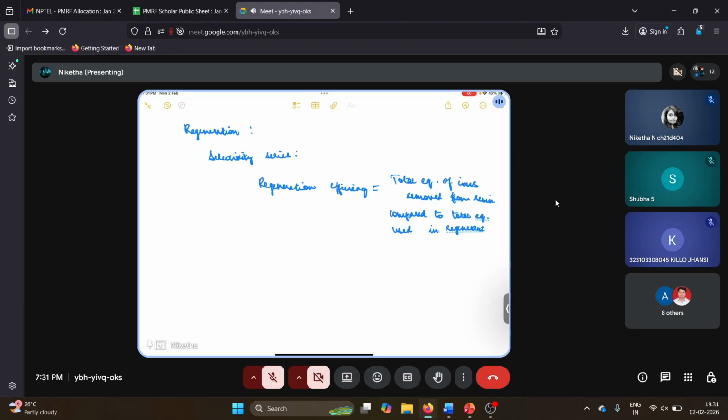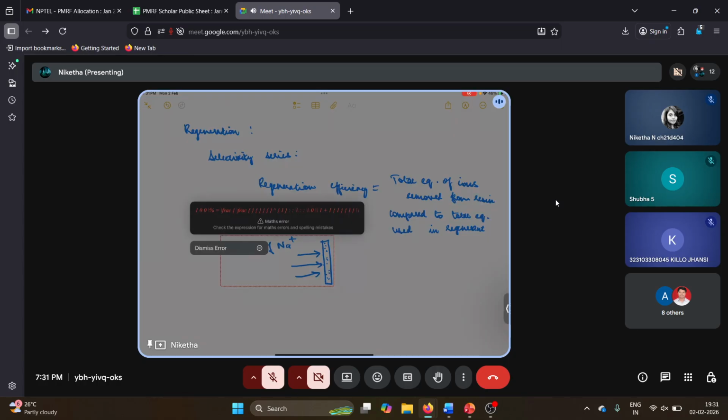So what this means is, if we are using a regeneration solution and the ion that we are regenerating is sodium, the regeneration solution will have 100% sodium ions. When that is used for regenerating, after the water passes through the membrane, exchange happens.